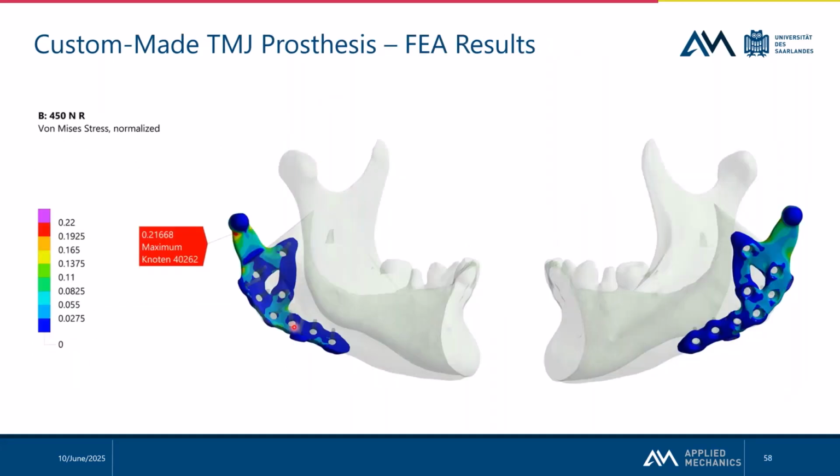On this slide, you can see the result of the 450 Newton molar bite force on the von Mises stress of the TMJ prosthesis. For reasons of comparison, we normalized the von Mises stress to 1, and 1 means that this is the case where the implant starts to produce failures, and you see that in our case we have 0.2 as value for the von Mises stress, so we are far away from running into problems.